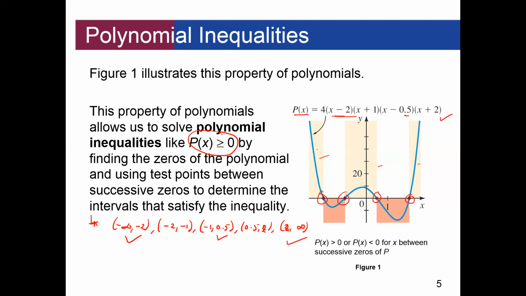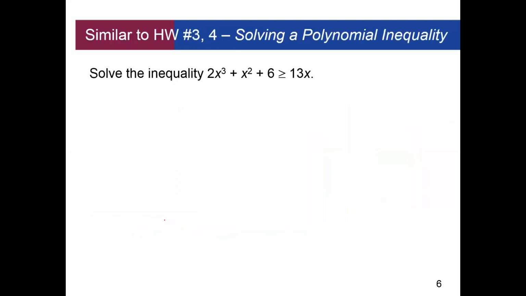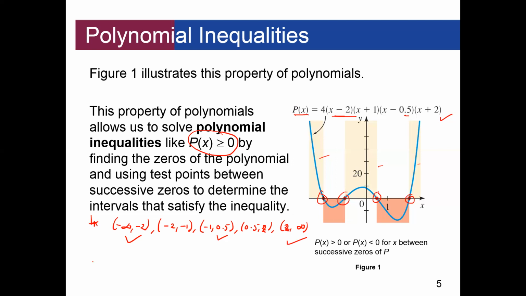Now, because the inequality is greater than or equal to, what would be the solution? The solution set will be from negative infinity to negative 2, but you notice that because it's greater than or equal to, there will be a bracket on the negative 2.